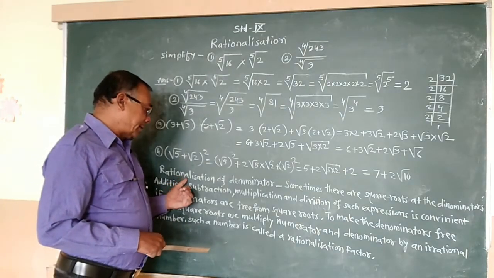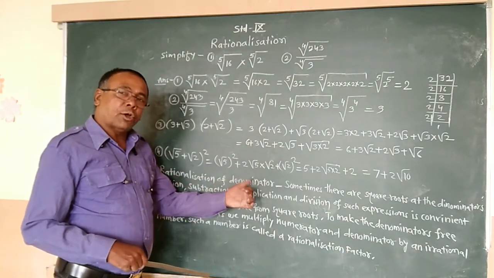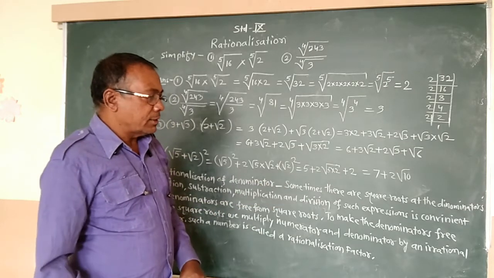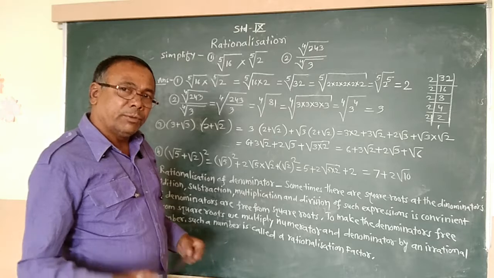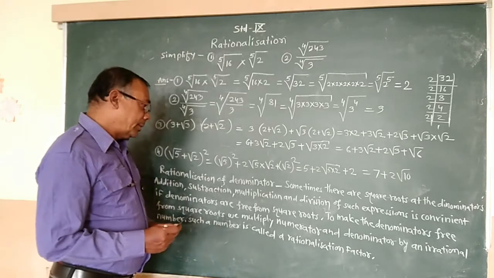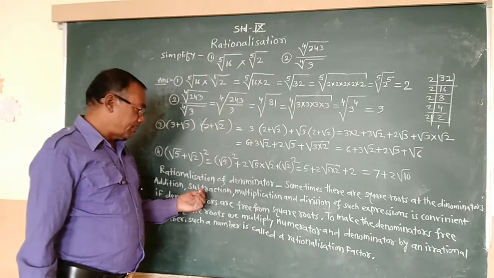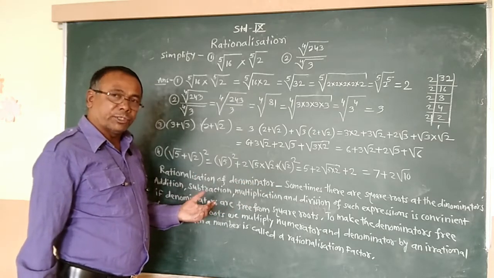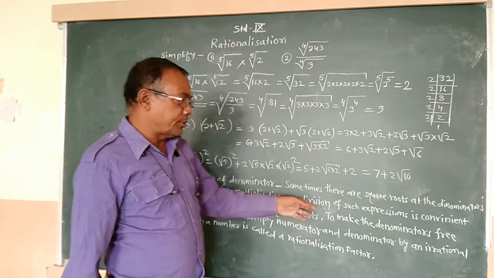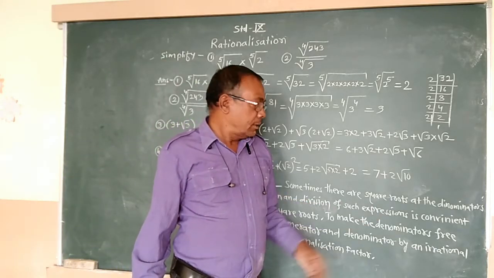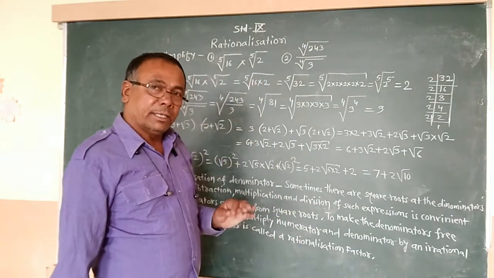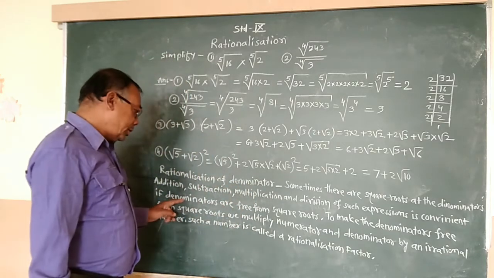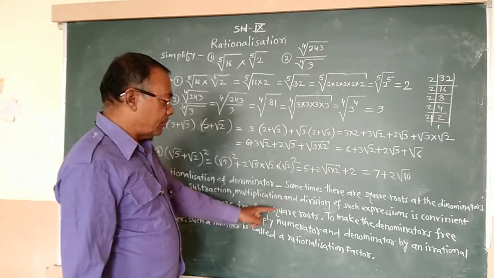What is meant by rationalization of the denominator? Sometimes there are square roots in the denominators of the given expressions, and performing the basic operations of addition, subtraction, multiplication and division on such an expression is convenient only when the denominators are free from square roots.